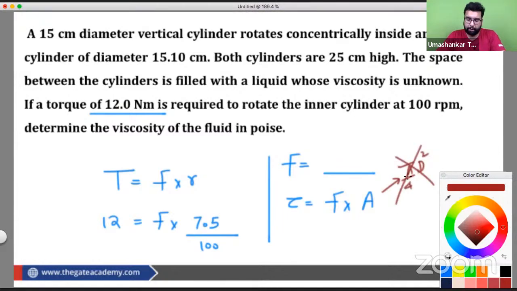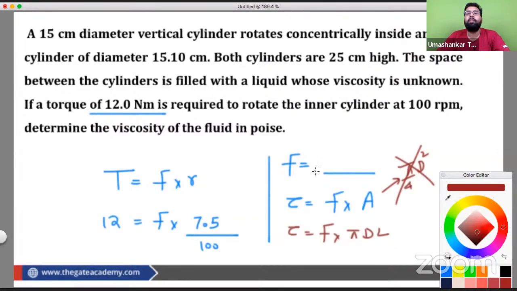So remember, not to use it, because we have to use the surface area. The surface area of a cylindrical thing is pi into d into L. So this is the mistake that people make.